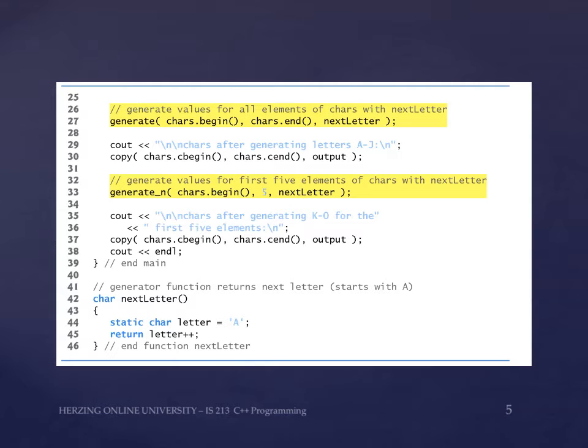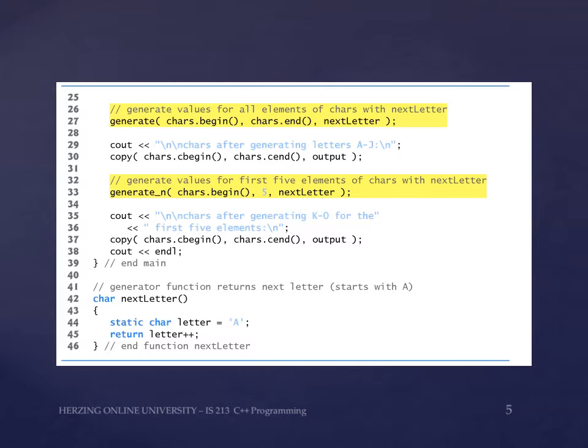Going back up to line 33, the generate_n algorithm is being used to place the result of a call to generator function nextLetter in 5 elements of vector chars starting from chars.begin.